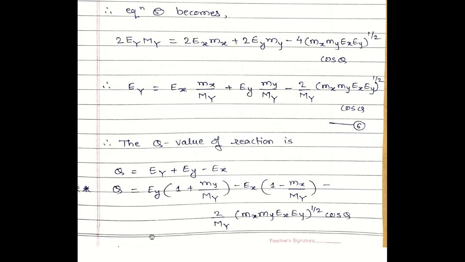This equation is well known as the Q value equation of a nuclear reaction. Once we know the value of theta and the rest masses of all particles, we can calculate the Q value of that particular nuclear reaction.